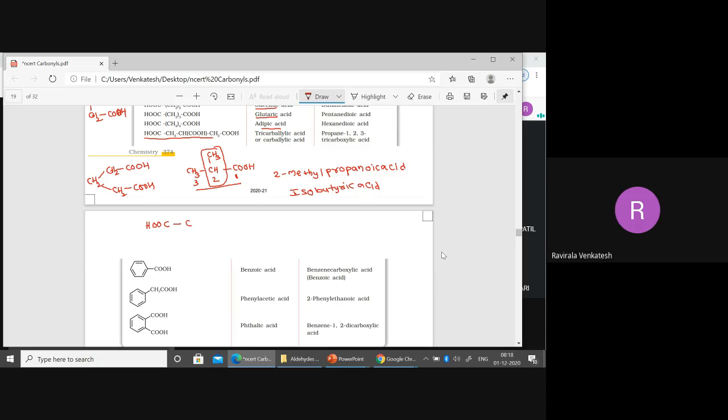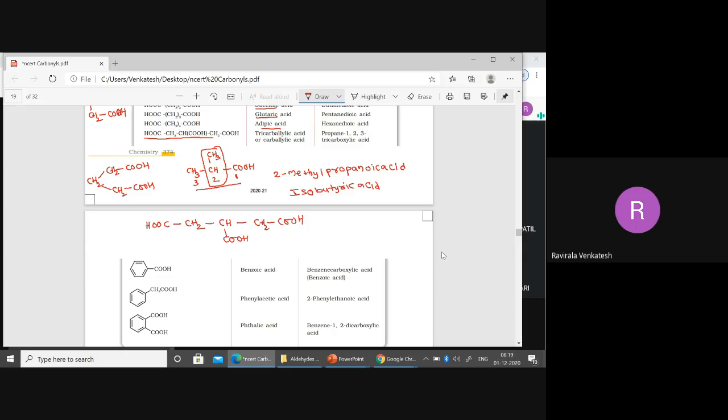HOOC, CH2, CH, and here we are having a carboxylic group, right? Next, you have CH2, COOH, right? Now, how to give nomenclature for this type of thing? IUPAC nomenclature.